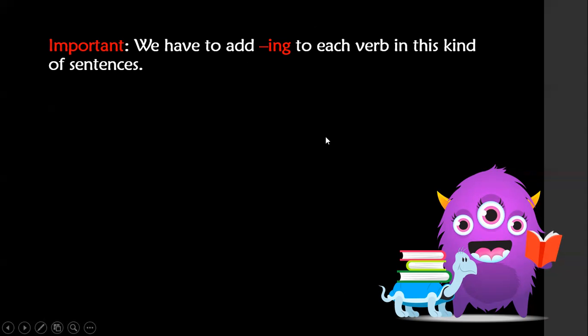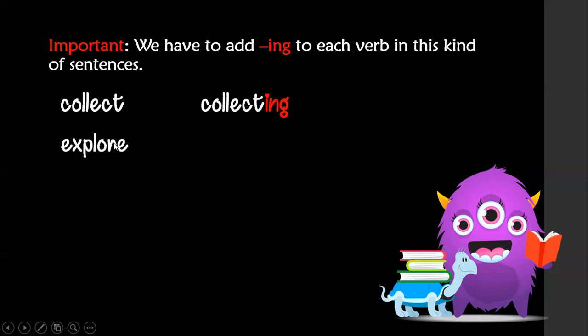So that is the structure of the sentence, and the structure of the verb in this tense. For example, collect, collecting. We add the ing to the verb collect, and we say collecting. Another example, explore.